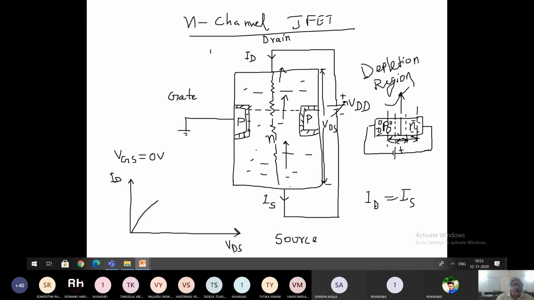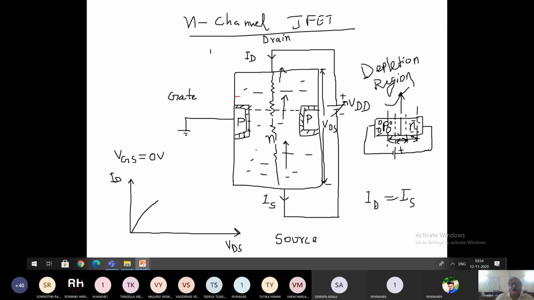First point. Now second point, you just see the source and gate. Gate is also connected to ground and source is also connected to the negative terminal of the battery. So this increment in VDD will not change the potential of the source and the gate. Both of these are at the same potential. So the change in the depletion region you will find only in the upper portion of this PN junction diode.